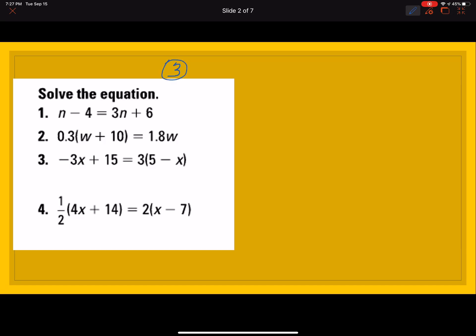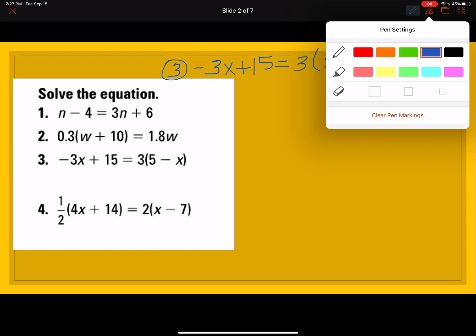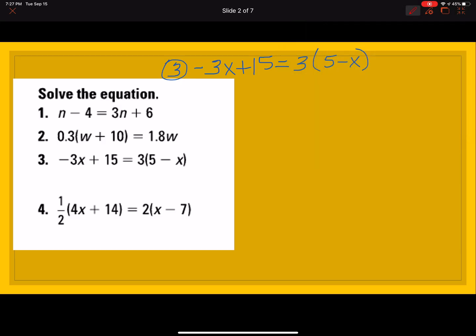On number 3, we have -3x plus 15 equals 3 parentheses 5 subtract x. Once I see these parentheses, that tells me that I'm going to distribute. So I'm going to take that 3 and multiply it by both terms.